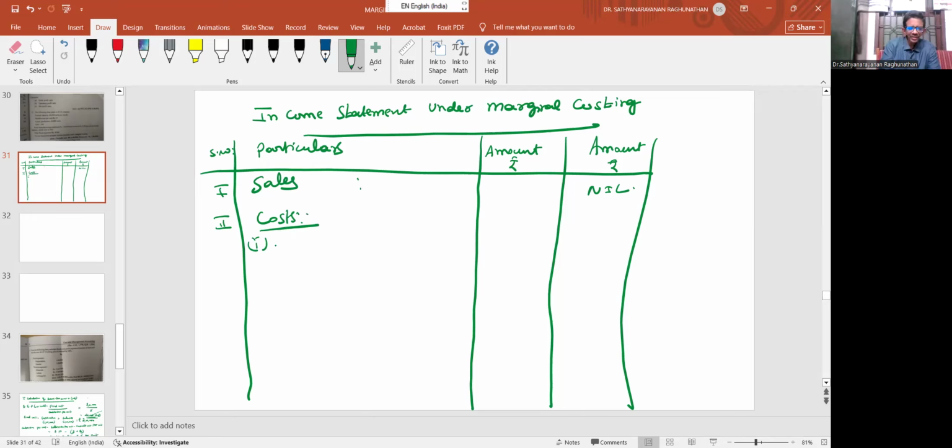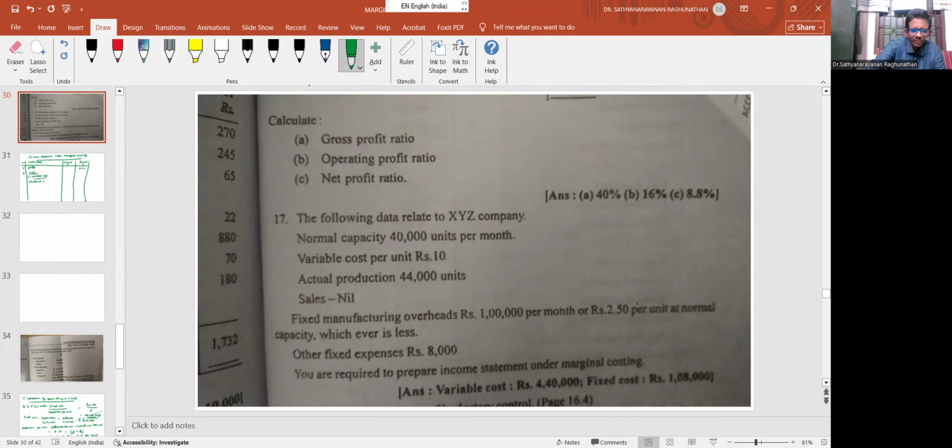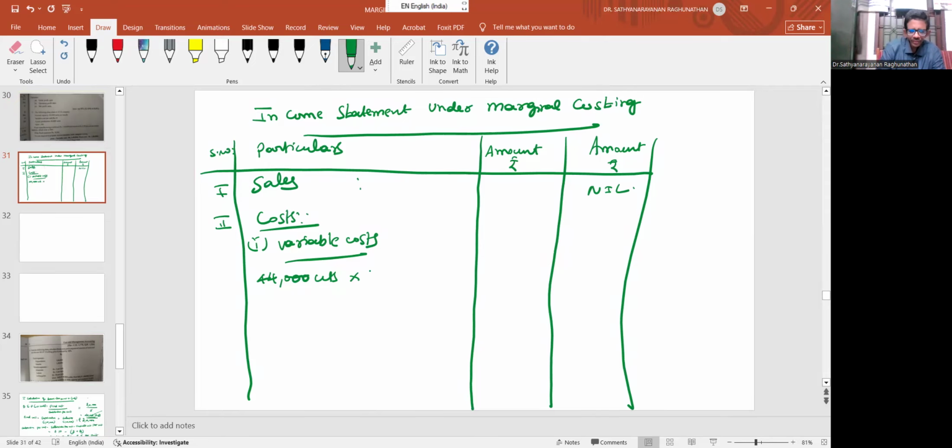First, we are going to calculate the variable cost. It should be calculated based on the actual production. Actual production is 44,000 units into variable cost per unit rupees 10. 44,000 into 10, 4 lakhs 40,000. That's all. And then the next one here is fixed cost.